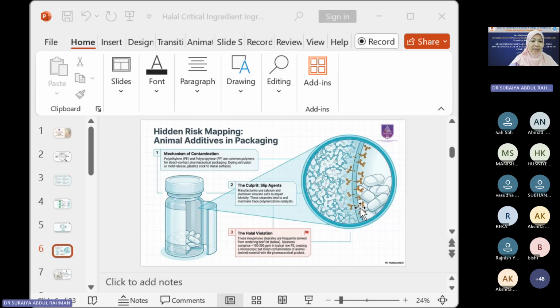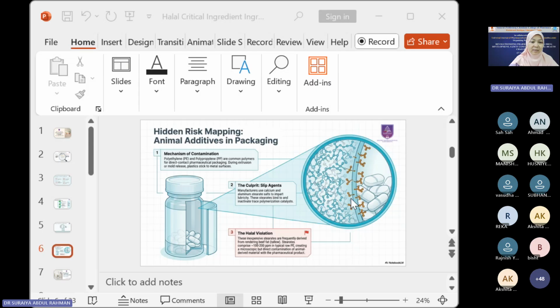So this next slide is just to highlight that on top of the raw materials and the production process, the packaging materials may also pose a hidden non-halal risk to the finished product if you want to apply for halal certification. For example, in the production of bottles, even though they are chemical polyethylene and polypropylene bottles, they may contain common lubricants or slip agents, for example calcium or aluminum stearate salts, to provide lubricity when they produce the bottles.